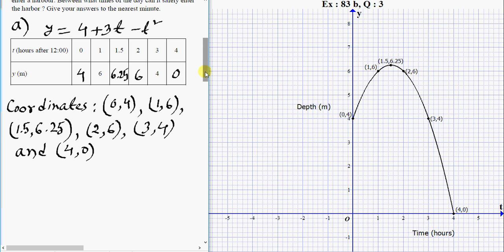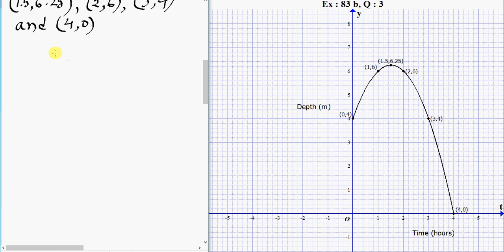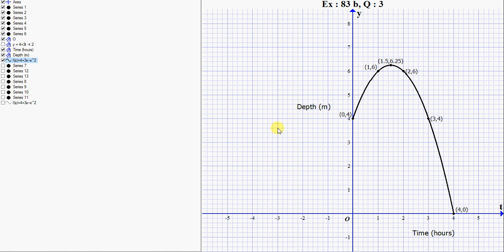So when t equal to 0, y will be 4 meter. We have to write the equation also. The equation is y equal to 4 plus 3t minus t square.